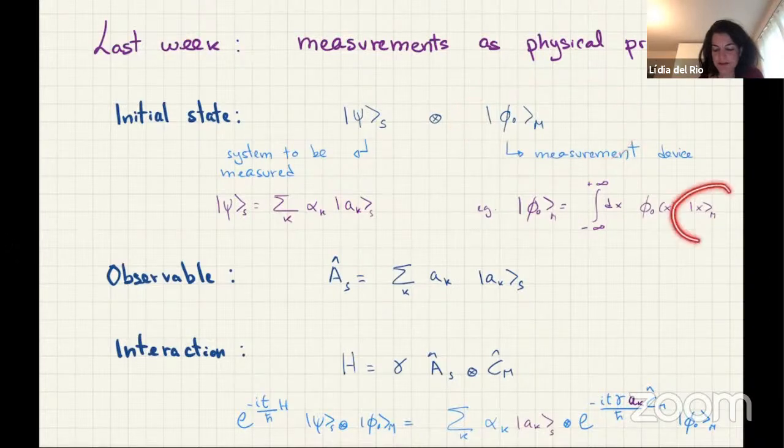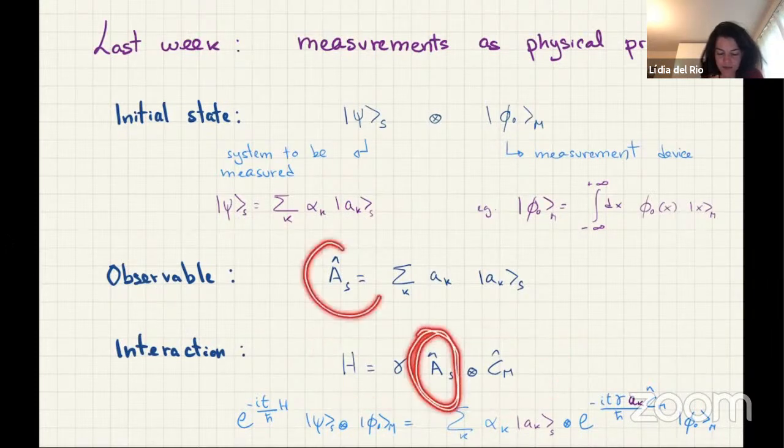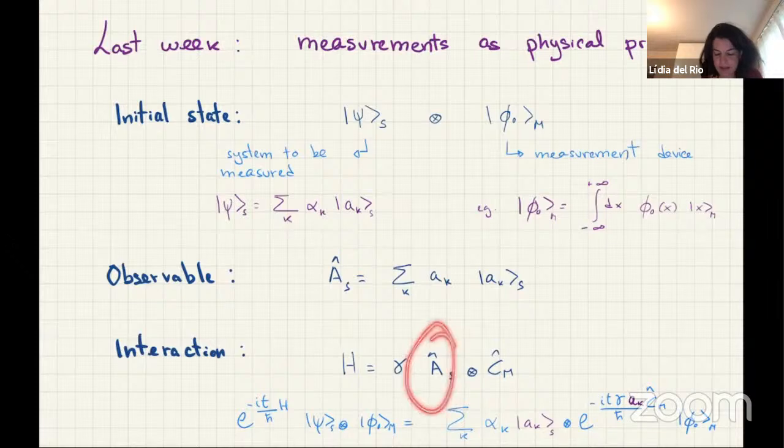So we expand it in the X basis and it has a wave function, which is just the coefficients for different states. And then we saw that there is some kind of interaction between the two, which is the observable that we want to observe in the first system and something on the second system. I put C here because we used B for something else. So this will later be the momentum. And we can in principle put some constant there, just to make this interaction stronger or weaker.